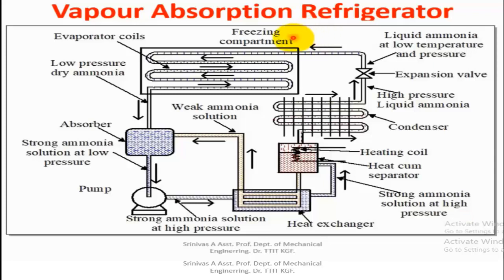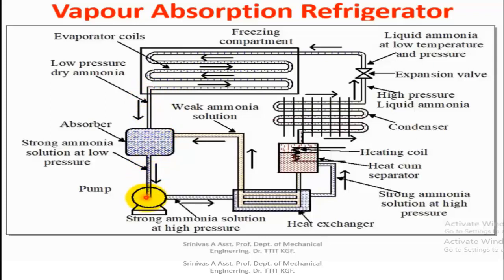Before going to the working, we'll just discuss the cycle of operation. Here mainly two cycles will be operated: one is the ammonia cycle, and the second one is the ammonia solution cycle. How does the ammonia cycle happen? From the evaporator, the liquid ammonia is evaporated, and that ammonia passes through the absorber, and it dissolves.